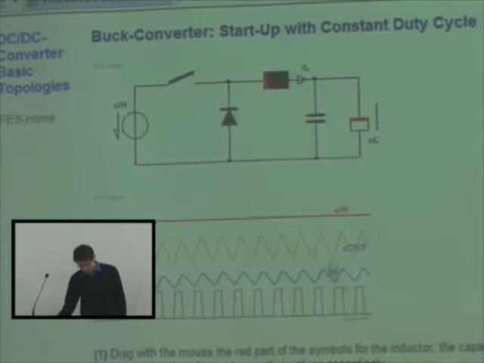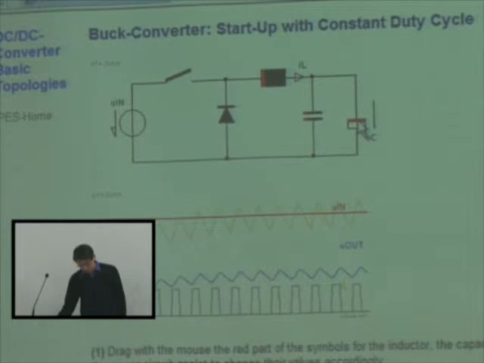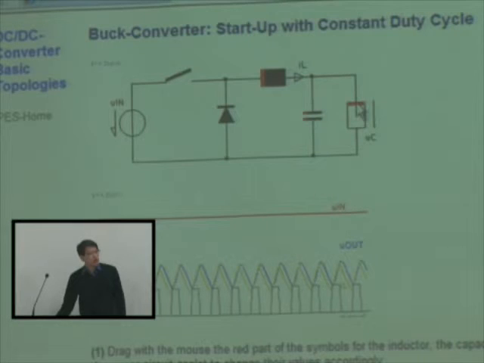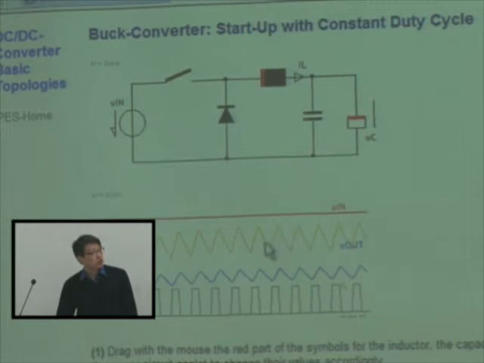This yellow one now represents inductor current. What am I doing right now? I'm changing the load resistance, which means I'm changing the load current. When I change the load current, what's changing is the yellow one, the inductor current.